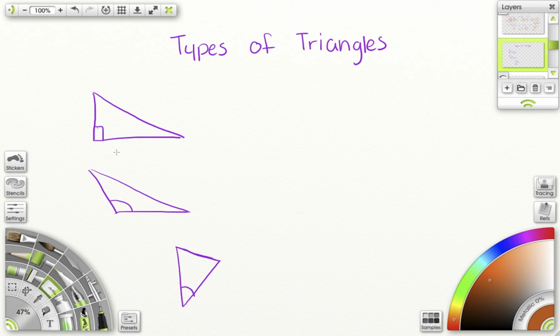The rule basically works that if it has a right angle in it, so an angle that goes straight up and over, or it can even sometimes look like this, but it has that little square in the corner, you know it is a right triangle because it has a right angle. So a right triangle and a right angle. This first triangle right here is therefore called a right triangle because it has a right angle, and it's showing us that little right angle with that little square in the corner. So right triangle.